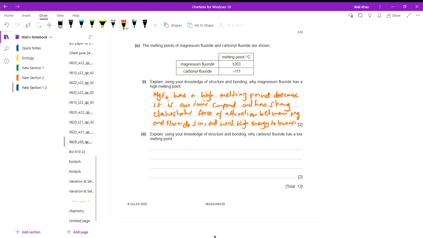So it will be the opposite. It has weak intermolecular forces, okay, between molecules, and these forces require less energy to break.